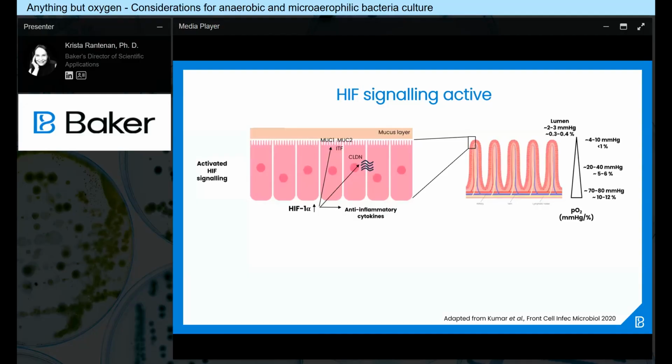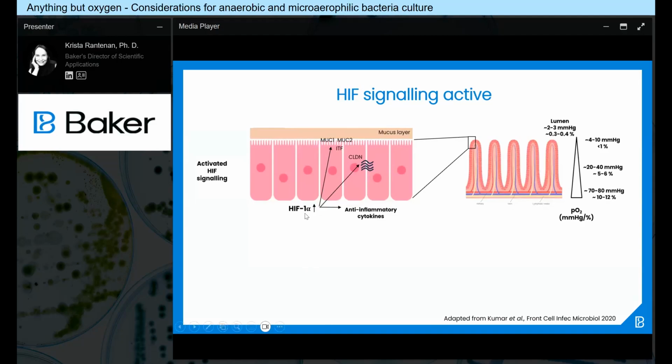And now, let's go back to the gut and the lumen and the lining. So HIF gets activated only in low oxygen conditions, okay? And this activated HIF signaling promotes the tight junctions and barrier integrity, because it induces several genes and also production of anti-inflammatory cytokines, as you can see.